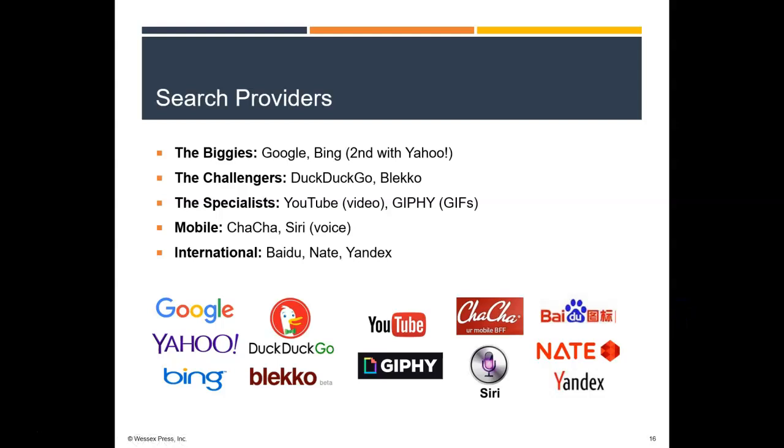Some search providers are listed below; some of these are non-existent right now. But your second extra credit question: can you provide me with search providers that you use today? Right here we have the big ones, Google and Bing, DuckDuckGo, YouTube, Giphy, GIFs, ChaCha, Siri, Baidu, Naver, and Yandex.